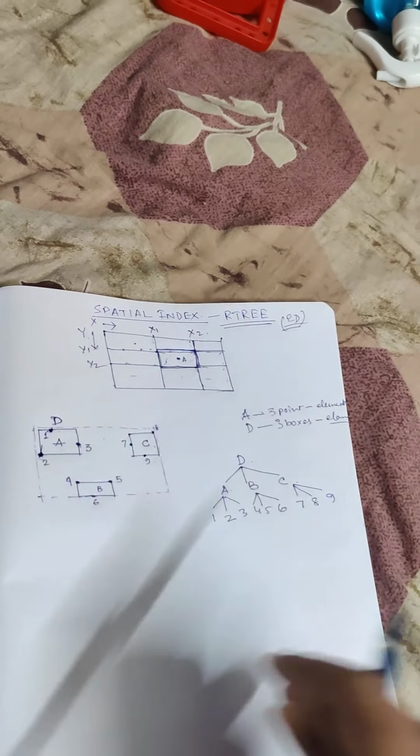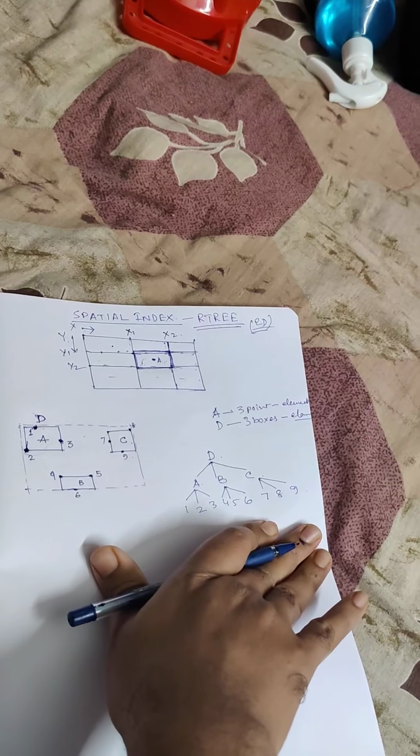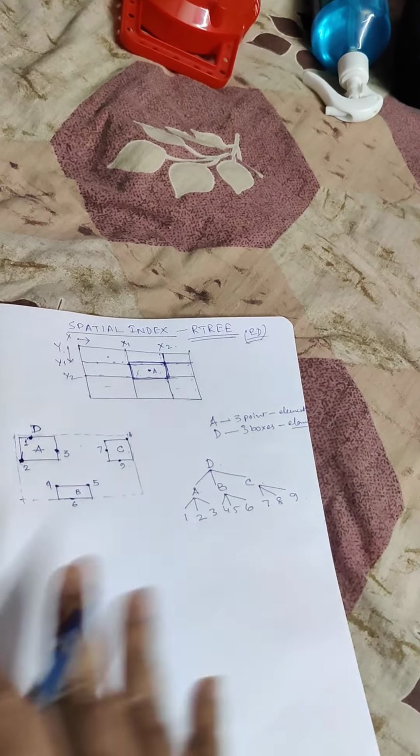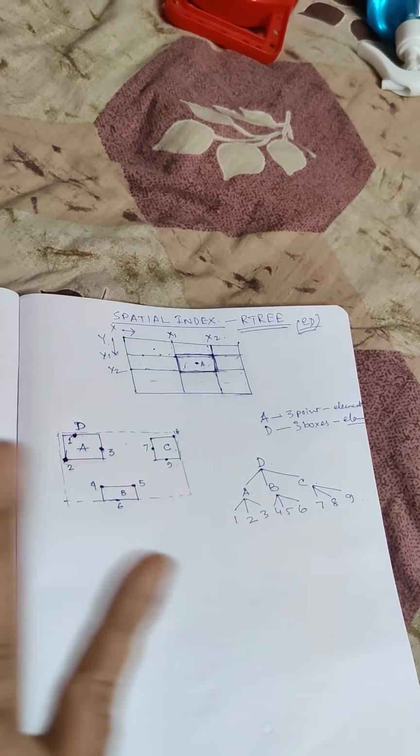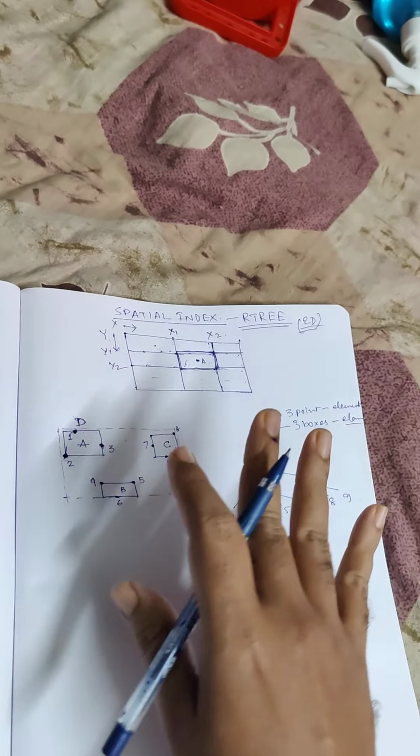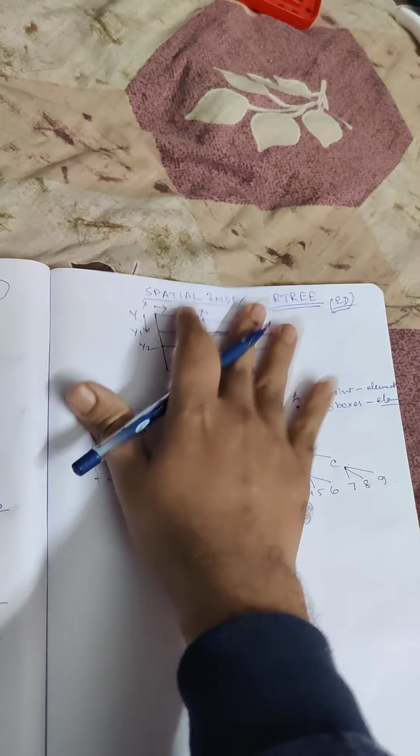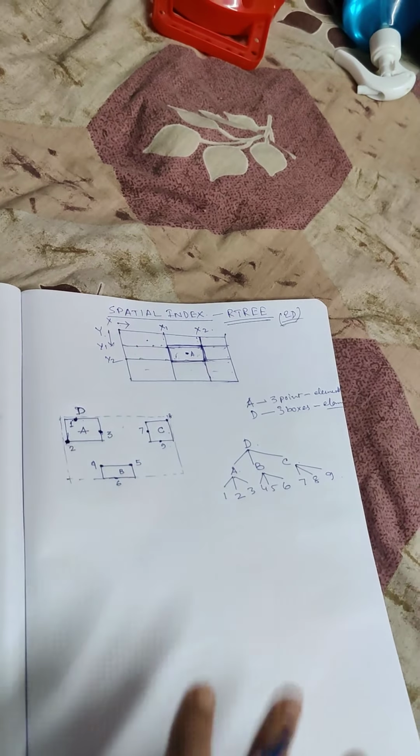Understand it clearly. So you are maintaining the property that every node has three elements for this example.